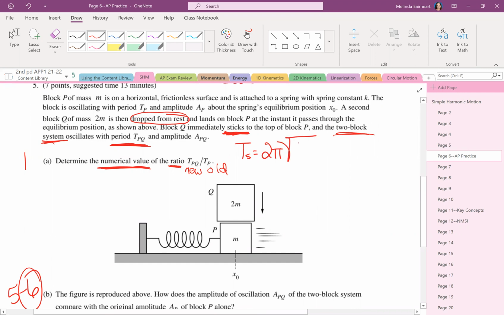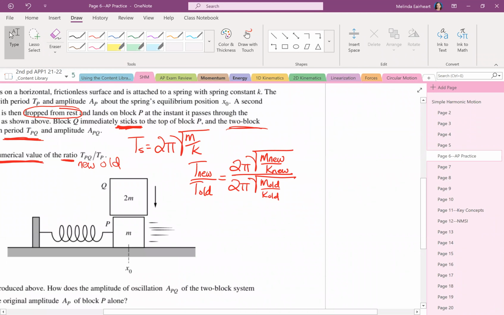Exactly, 2 pi times the square root of m over k. I just need to apply this equation to the old and the new. So for T new over T old, we'll plug in 2 pi times the square root of our new mass over our new k, divided by 2 pi times the square root of our old m over our old k.